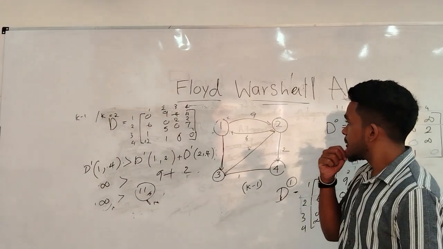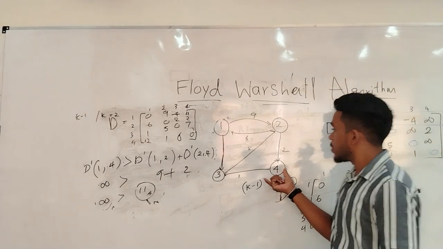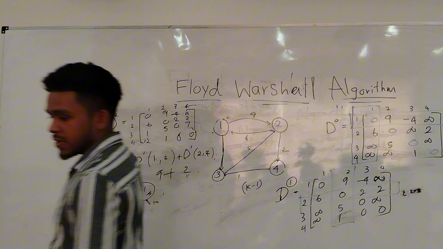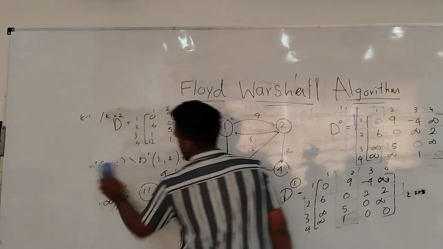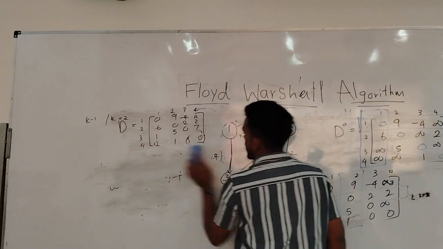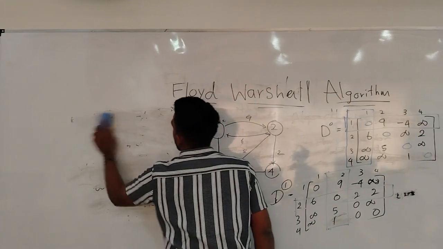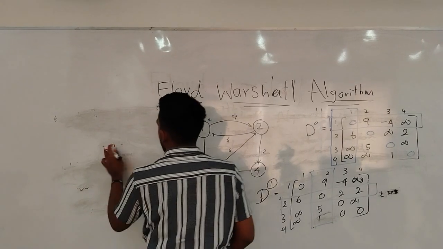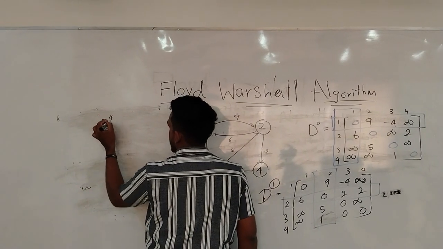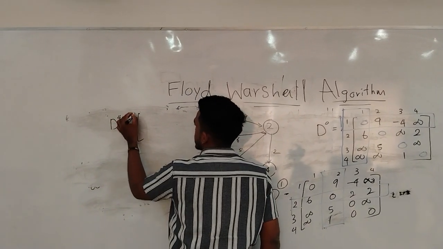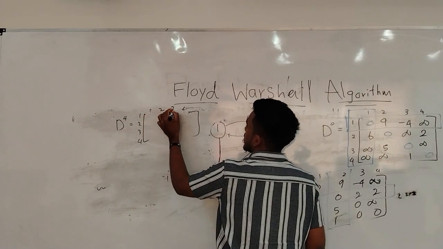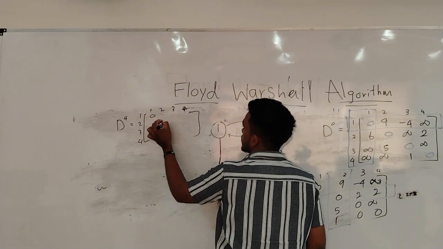So finally, we are going to matrix D4. Finally, we are achieving path D4. As previously, we used the same method to calculate the values in D4 also.